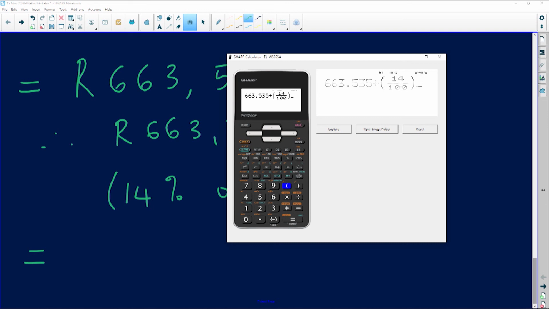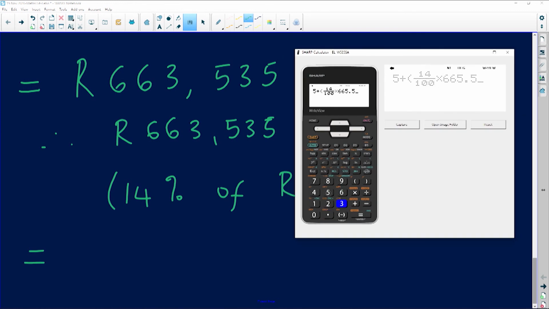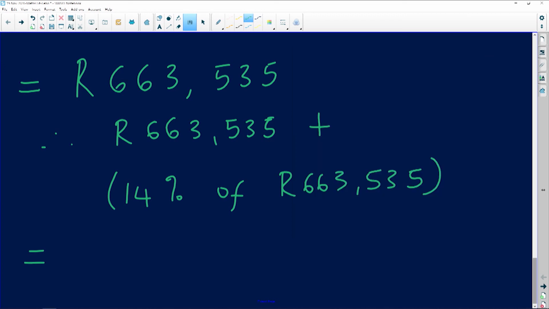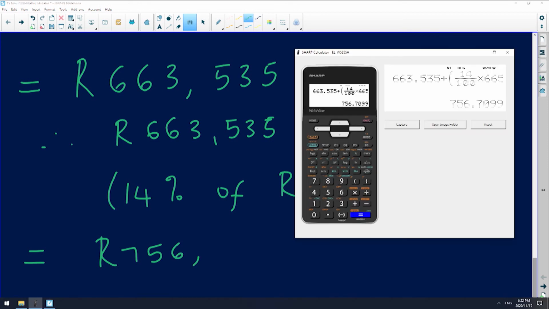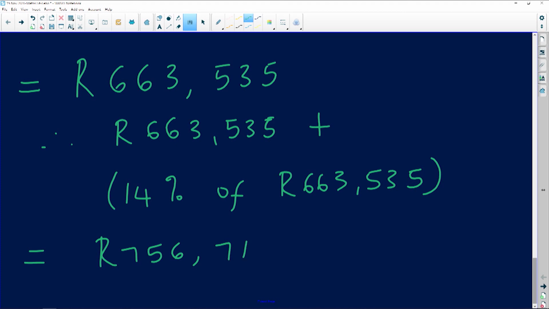Close bracket. Okay, I can't close my bracket yet. Delete. Times 665 again, comma 535. And that's whenever you are calculating VAT, guys. 756, comma, it's money, so I'm going to say 71 cents. That is what it would be.